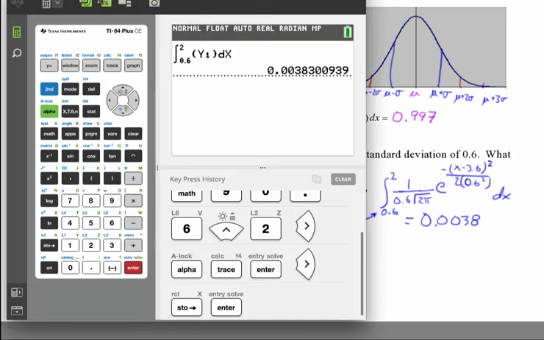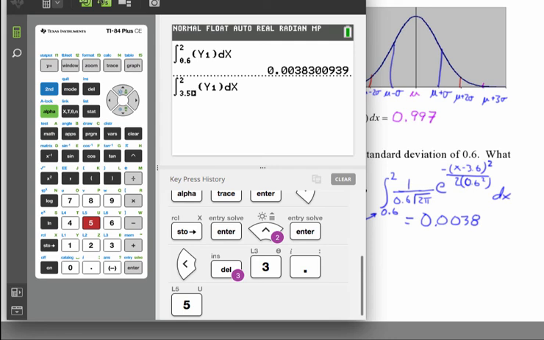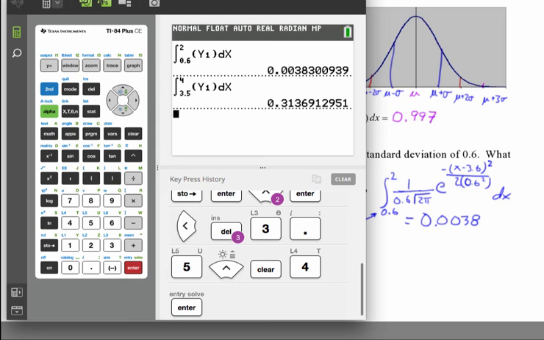So go back to our calculator, bring it back, and then just change our numbers. We're going from 3.5 up to 4. Hit enter, and we get that number.